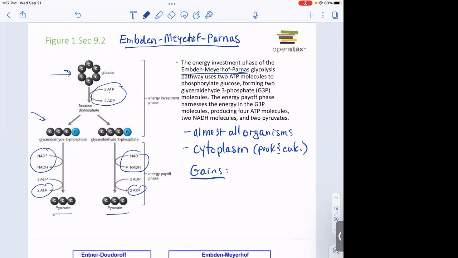We're putting in 2 ATP, let's say, but we're gaining 4. So we're net gaining 2 ATP, 2 NADHs. Again, that's carrying 2 electrons. Those are going to get shuttled to an electron transport system, and 2 pyruvates.